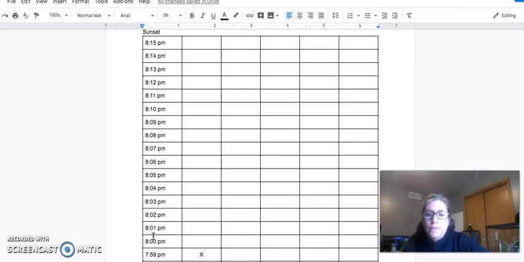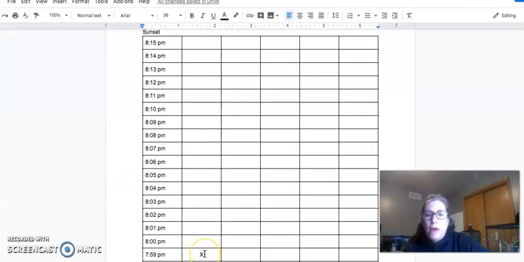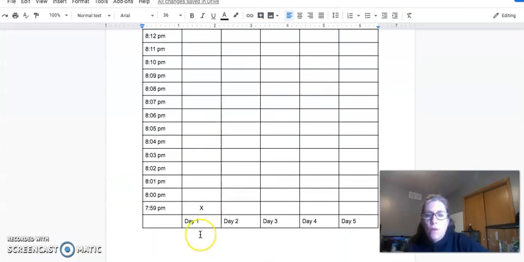And again, as you do your observations, when I look at the sunset for today, I see that it is at 7:59. So on my graph, I have found day 1, because we're labeling those same days as we did in the sunrise graph.